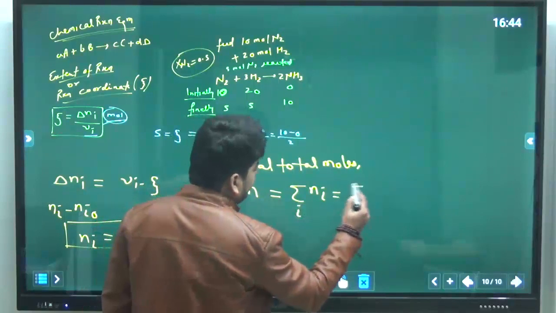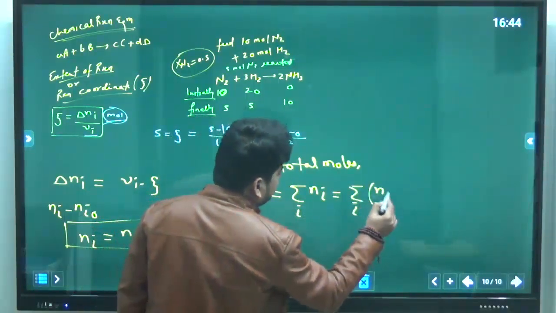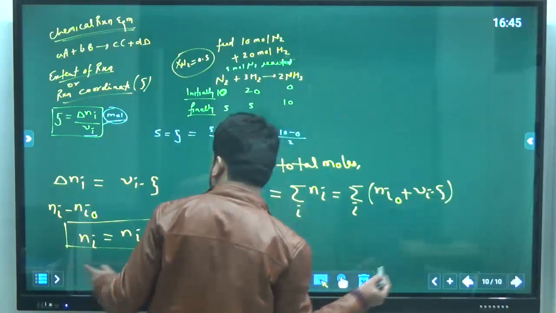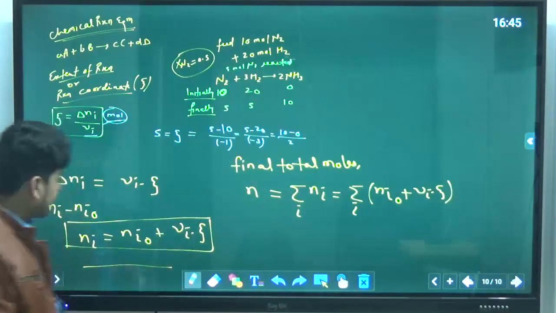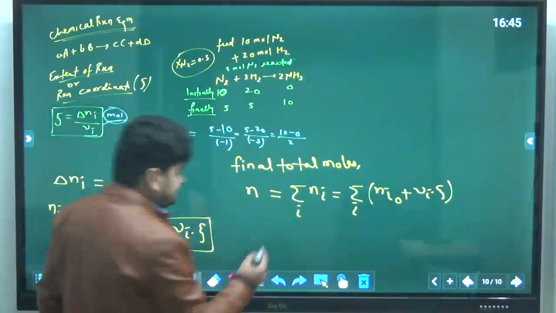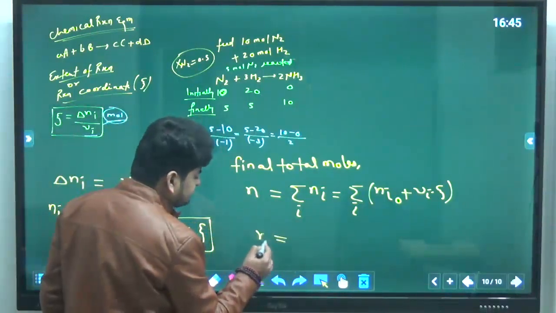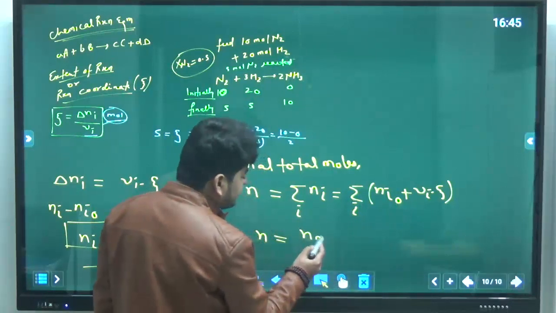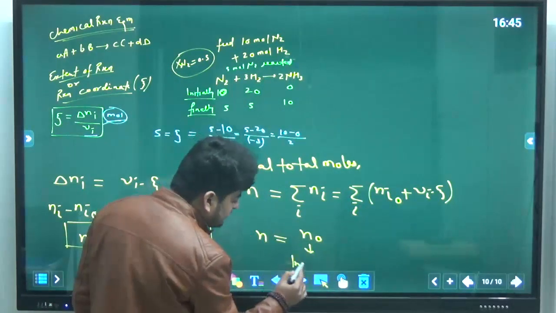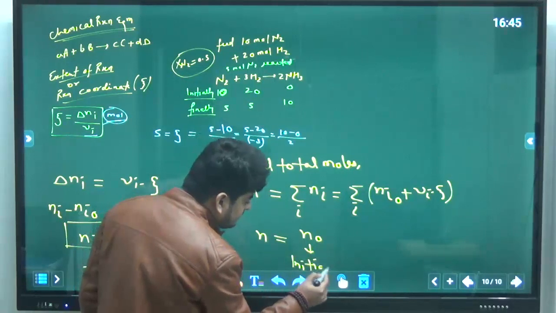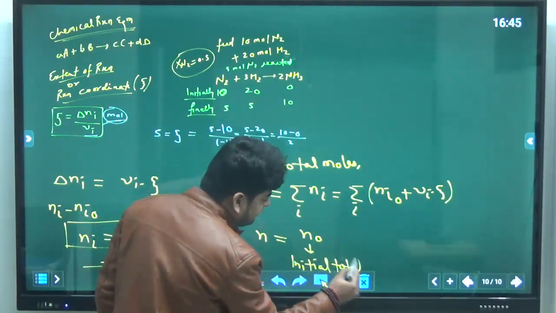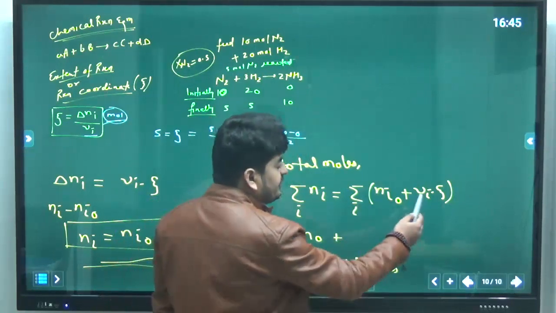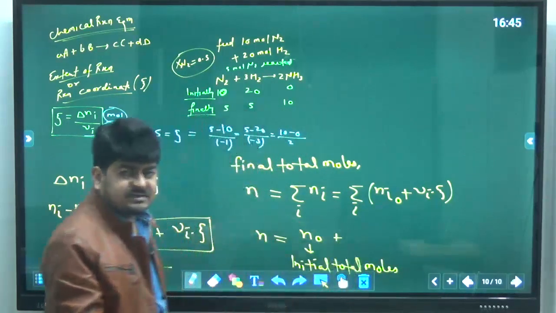Okay, so if you put that value of Ni here, it is Ni naught plus nu i into zeta, as you can see. So here the equation will become summation of Ni naught, which is N naught, the initial total moles of the reaction mixture, plus summation of nu i into zeta.